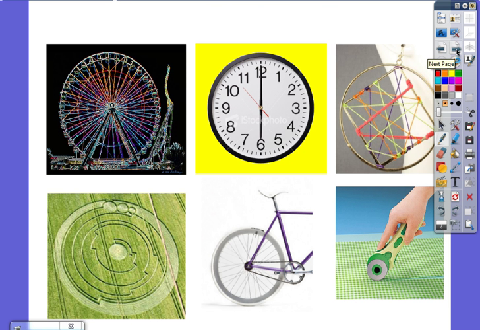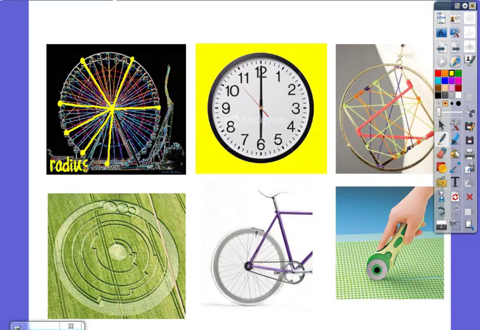I found these real life pictures that reminded me of our 6 words. This Ferris wheel reminded me of radii. See all these segments that go from the center out to the edge of the circle? Each of those is the same length, actually. That's kind of cool about circles. Each of these is called a, say it, radius.